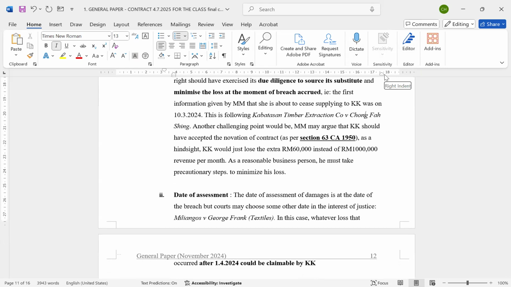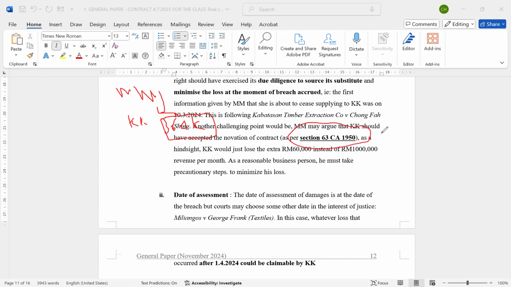If, let's say, KK accepted the deal, because of fluctuation of the US dollar, you accept the 360,000 ringgit deal. The breach would have never happened in the first place.